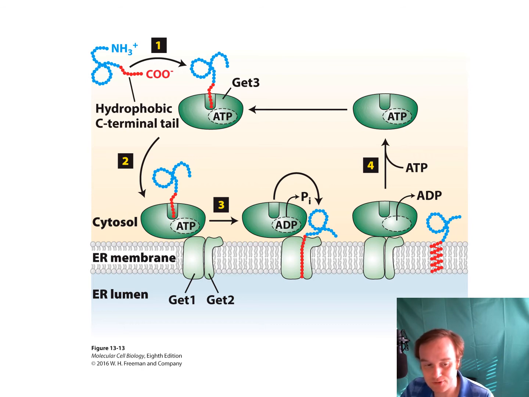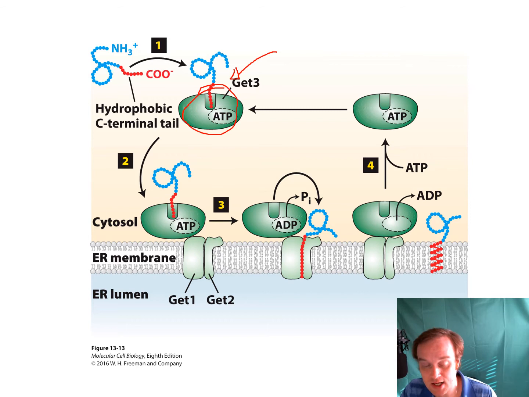So we don't really show SGT2, GET4, and GET5, but what they do is once this protein has been translated, they safely take care of that hydrophobic region, right? Because the hydrophobic region doesn't want to be in cytosol because it wants to be buried away from any sort of water. And so they take care of that hydrophobic region and then help it get to this GET3 complex there and then be protected.